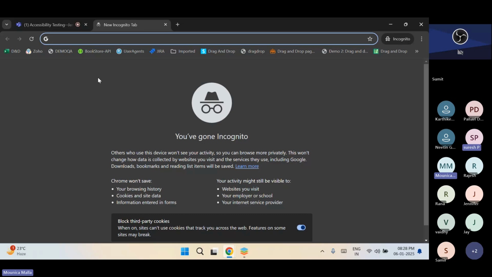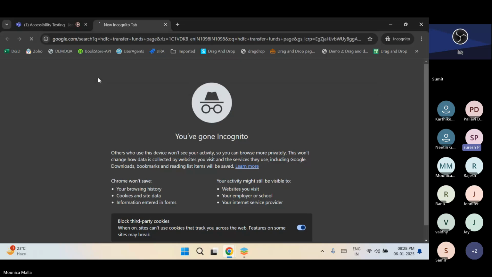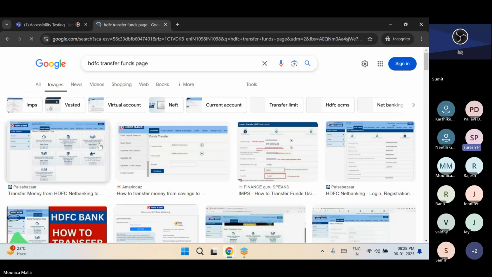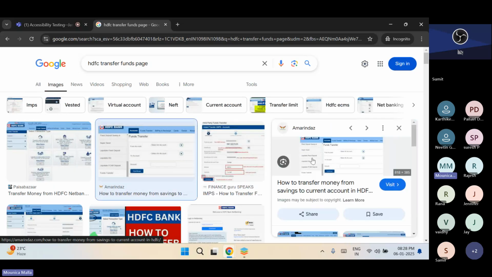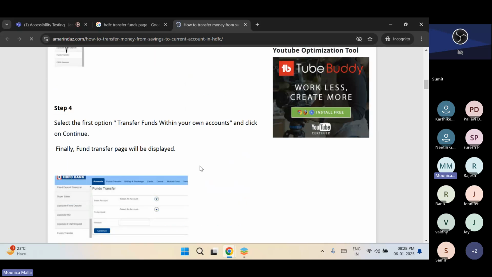But let me just Google for an image. It totally depends on the banking application, right? Of course, some banking has a text box, right? Or no? 99% the answer is no.